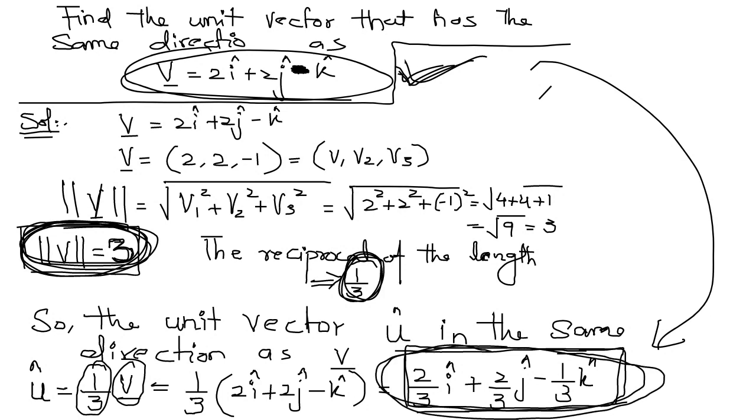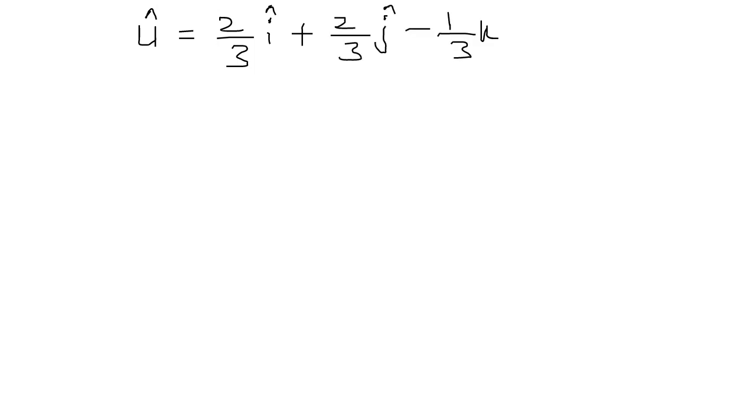Remember this vector: u is equal to 2 by 3 i plus 2 by 3 j minus 1 over 3 k. I can represent this in vector form as 2 by 3, 2 by 3, and minus 1 over 3.